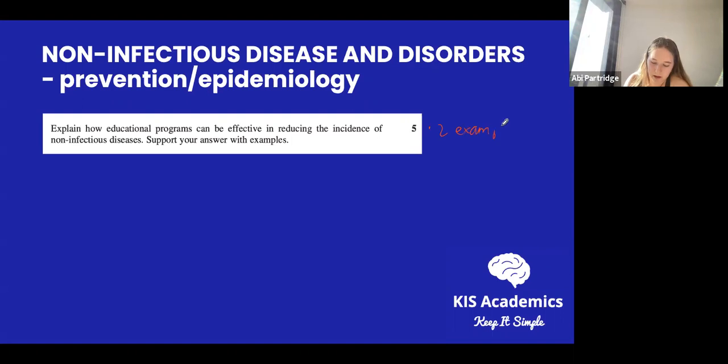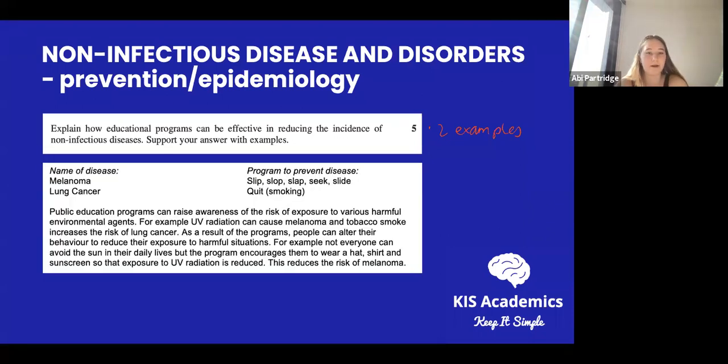And then you're needing to link the purpose of educational programs. So you need a link, so how it actually is reducing the incidence. To start off, you can define what the purpose of them is. The education programs raise awareness of environmental agents.